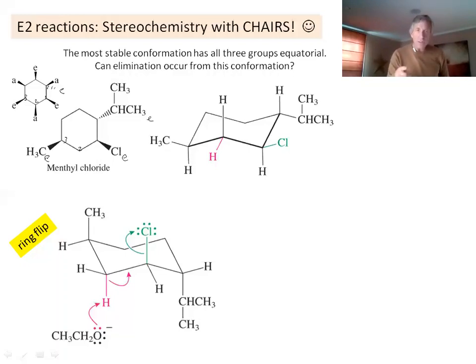But most importantly, you see, I will all of a sudden get my chloride axial, and then I look 1 carbon away and I start labeling the beta hydrogens. And my hope is that you find one beta hydrogen that is also axial. Straight up, straight down.